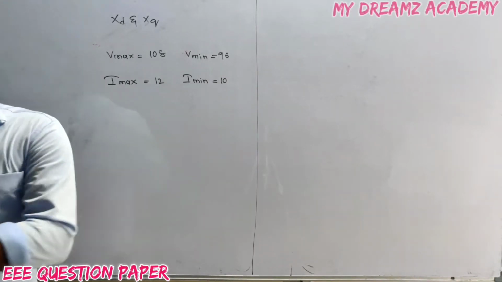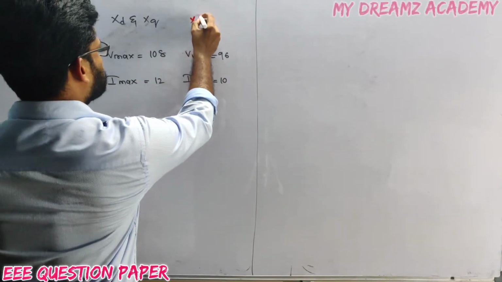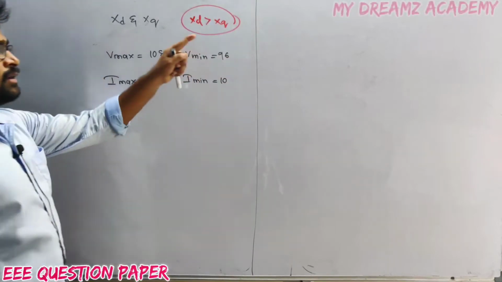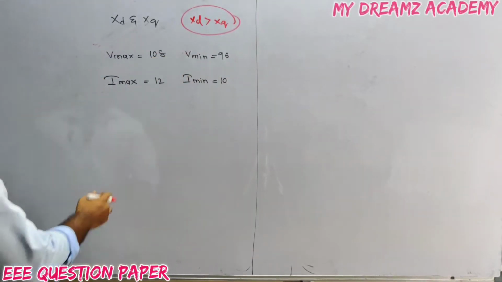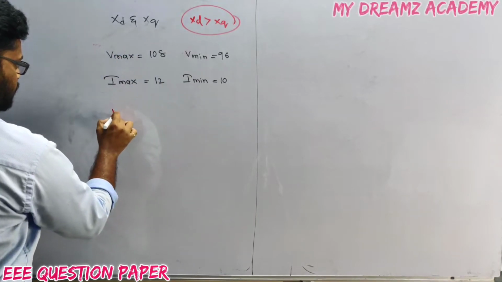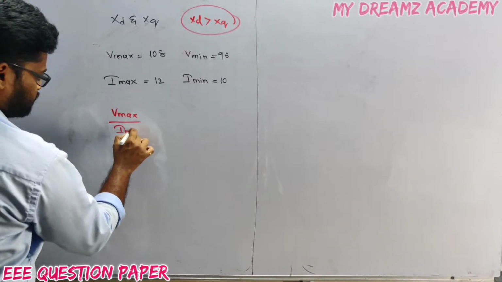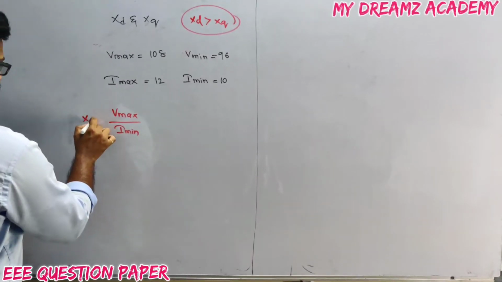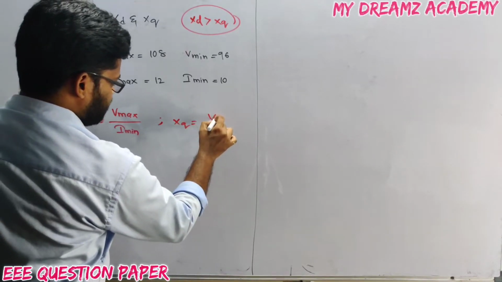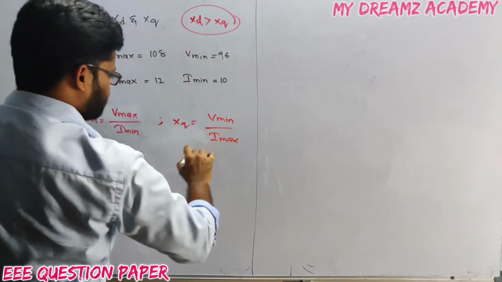You just remember only one thing, that is XD value is greater than XQ value. So if I take the ratio between these two, that is V maximum divided by I minimum, it will give XD. Similarly XQ, that is V minimum divided by I maximum, it will give XQ.